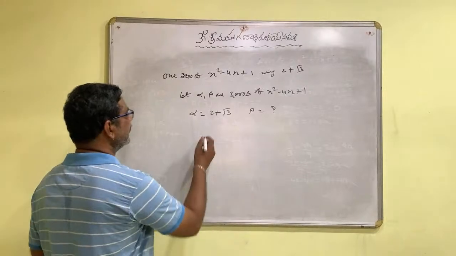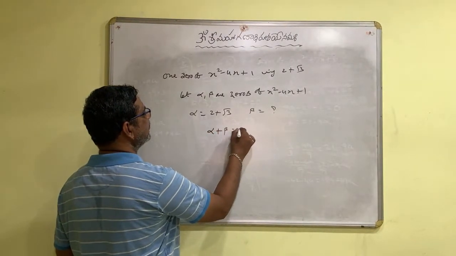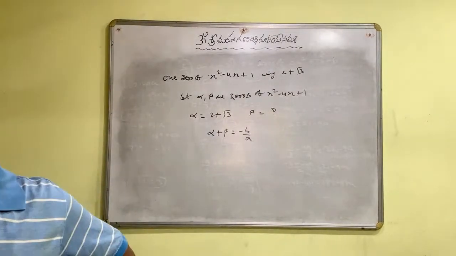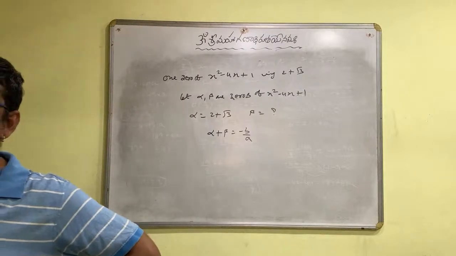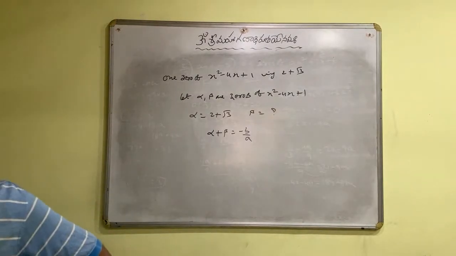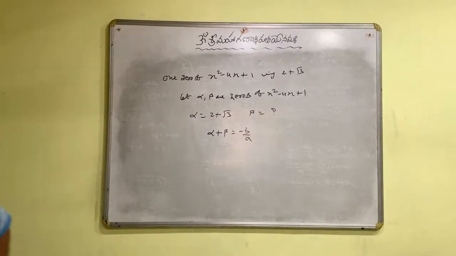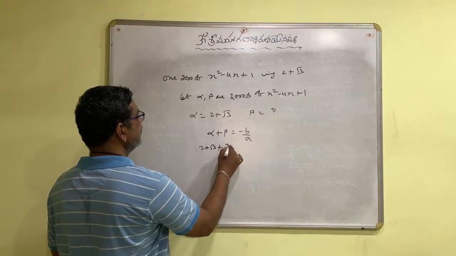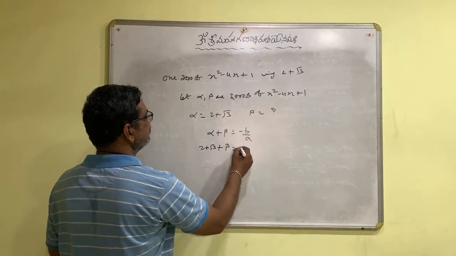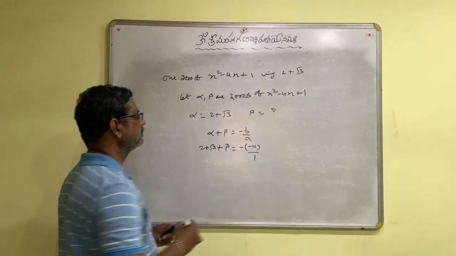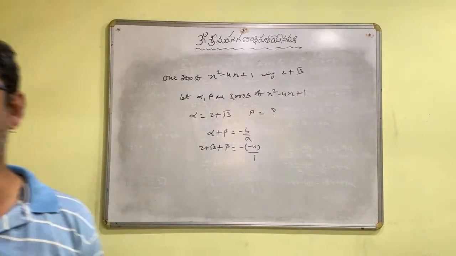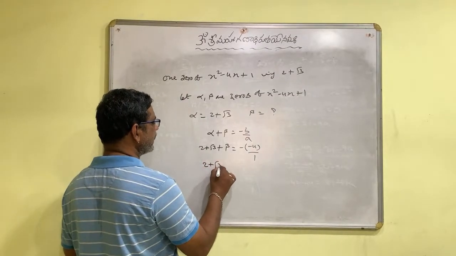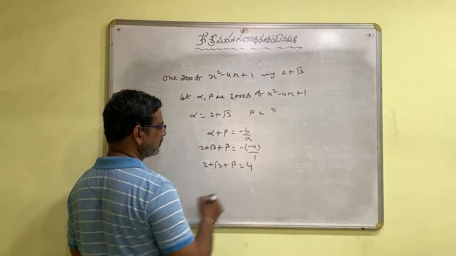We know that alpha plus beta is minus b by a. We have a relation: sum of zeros is minus b by a. Now substitute the values: 2 plus root 3 plus beta is equal to minus of minus 4 by 1, so 2 plus root 3 plus beta is 4.